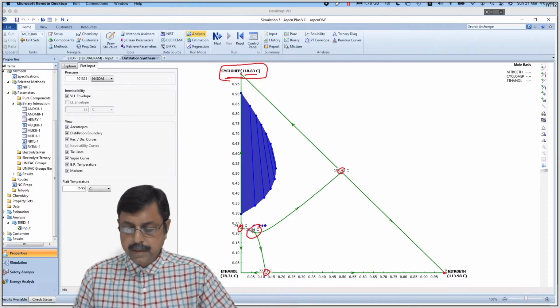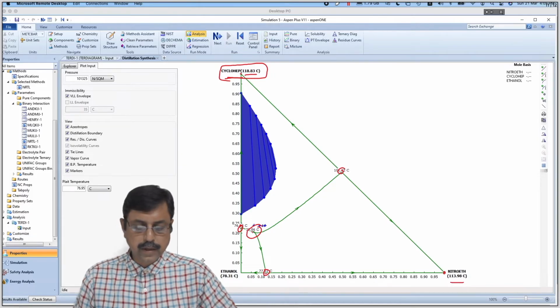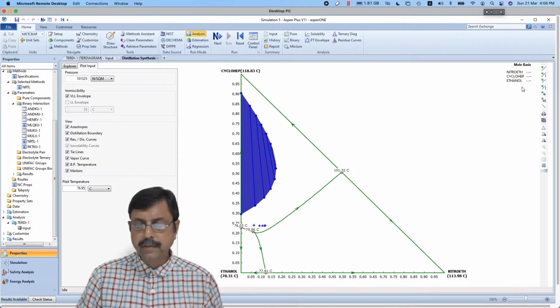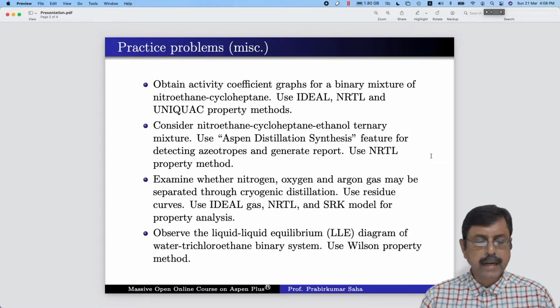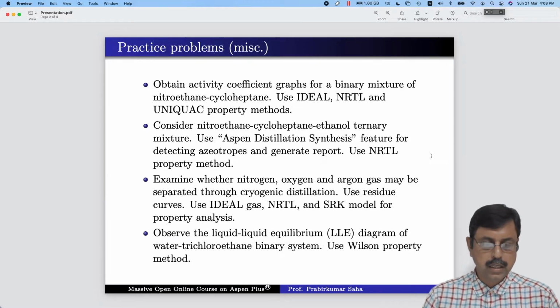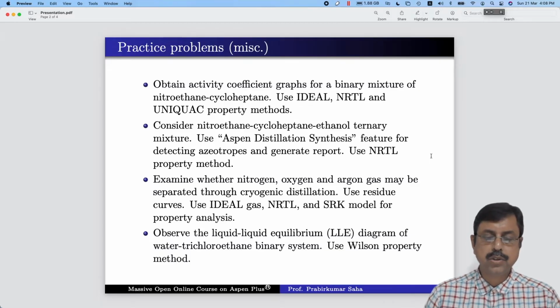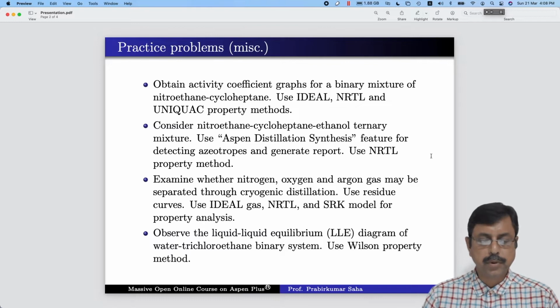This node is 100% nitroethane with this boiling point, and this node is 100% ethanol with this boiling point. And the mole basis information will be available when you hover the mouse on the graph. It will tell about the corresponding mole fractions or compositions of the ternary mixture. So that is how we use the Aspen distillation synthesis feature for detecting azeotropes and to generate the report.